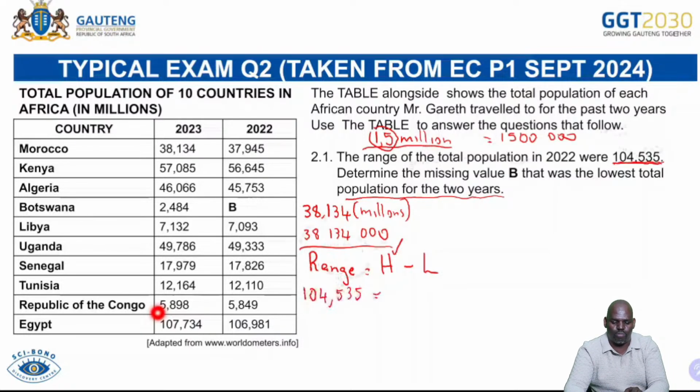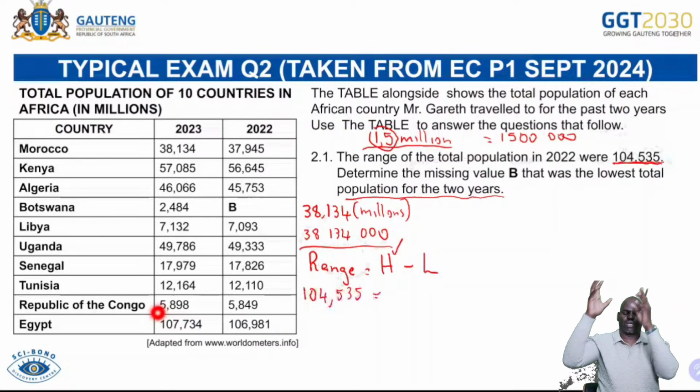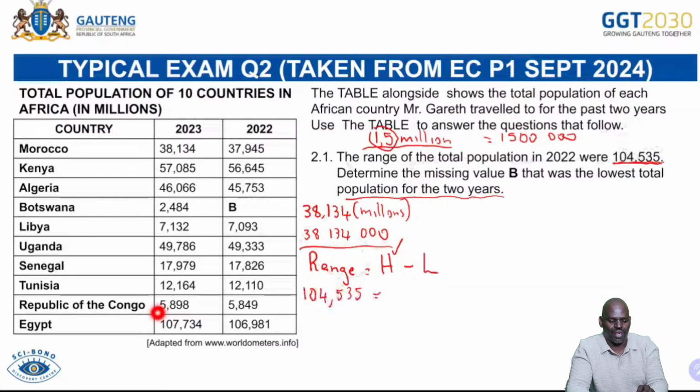The range of the total population was 104,535. If they say the range is this, it means when you take the highest value and subtract the lowest value, you must get 104,535. Then they say determine the missing value, B. That was the lowest. So B is actually the lowest. So we say the lowest value is B, then we say minus B. If B represents the lowest value, then what is our highest value?